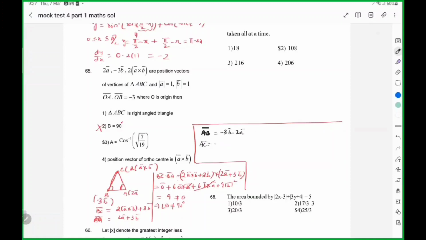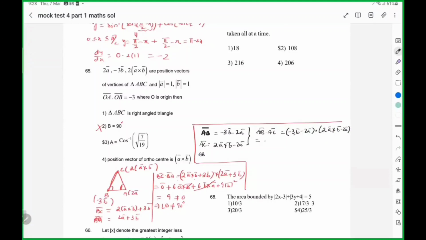AC will be OC, 2 times A cross B, minus 2A. If I find AB dot AC, it is minus 3B minus 2A dot 2 times A cross B minus 2A bar.